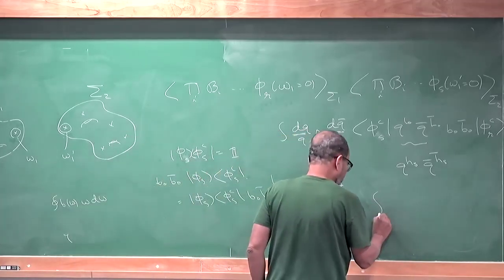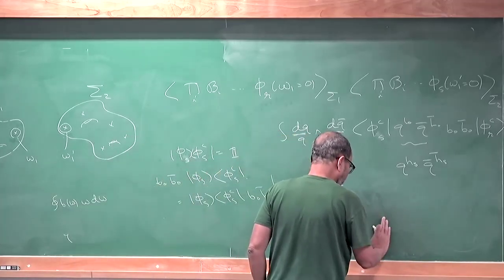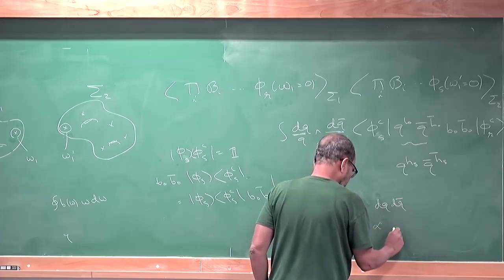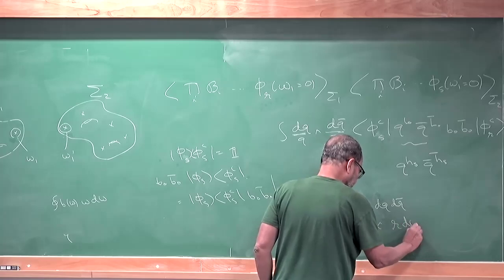So this gives you dq dq bar is proportional to R dr d theta.